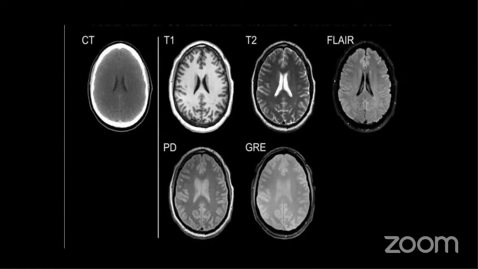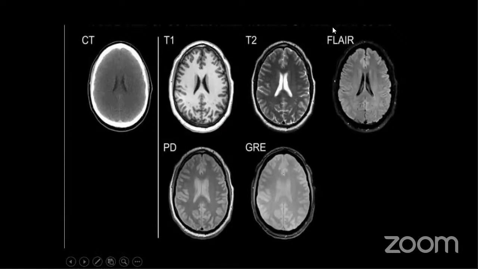There's a very first slide, don't worry about it. The first one is the CT image. Then you have the T1, T2, FLAIR, proton density, and gradient sequences. Ignore the other three. Just look at the T1 and T2 images. My cursor is visible?